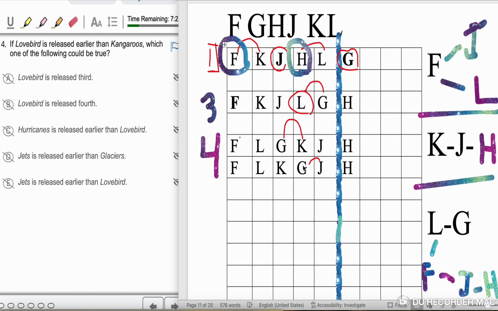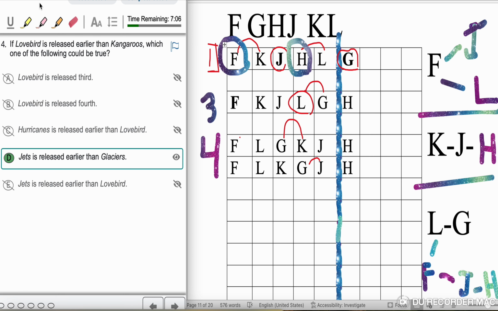In the second world, G and J have the ability to go back and forth, and they'll still follow the conditions. So if J is released earlier than G, it is possible to rotate these two. So this one would be possibly true. Answer D, J is released earlier than G.